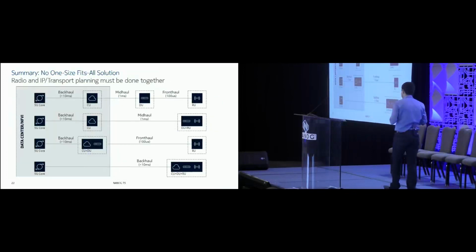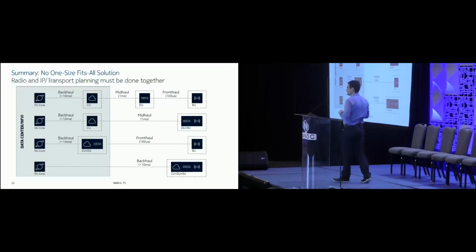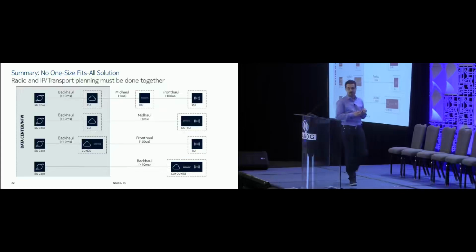Now, to close, what does this all mean so far? Well, this all means that transport networks for 5G radios could become quite complex because there's no one-size-fits-all. So these are four typical deployment scenarios that we have in a 5G network.